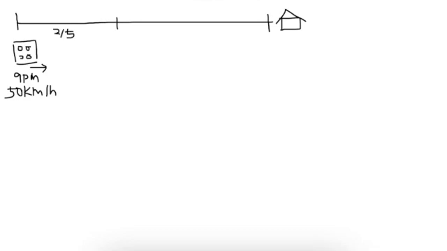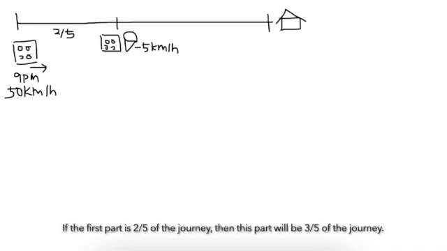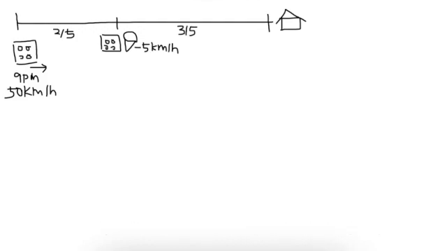So when the wafer traveled 2/5 of the journey, the wafer and ice cream met. If the first part is 2/5 of the journey, then this part will be 3/5 of the journey. 1 minus 2/5 is 3/5.